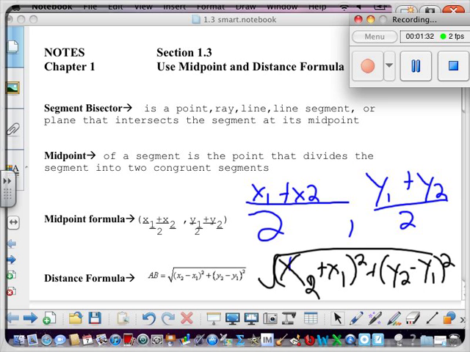Again, ladies and gentlemen, it is recording. It's recording, guys. Has everybody got this down? Because it's about to disappear.